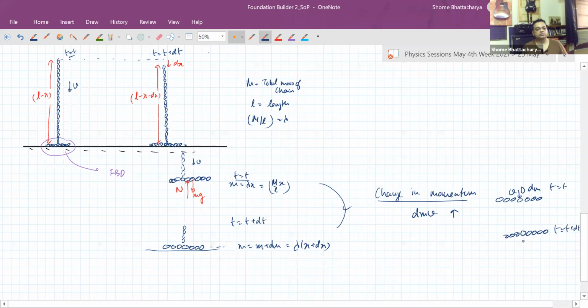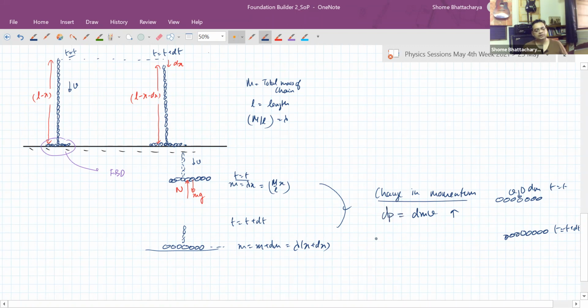So the change in momentum of the total mass m plus dm on the ground is the final momentum minus the initial momentum. The initial momentum had this small section of the chain of mass dm having a downward velocity v, and after that instant dt, that momentum has become zero. So this is the change in momentum.